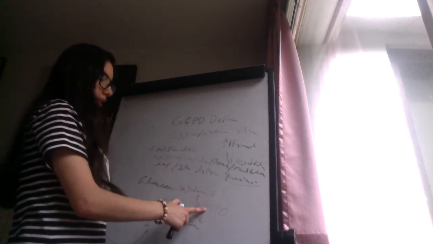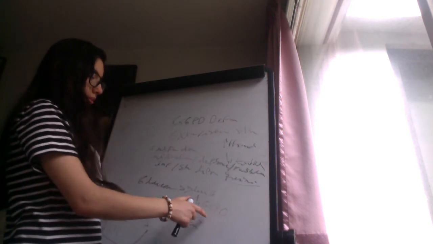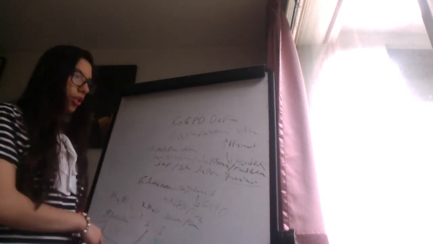And here we need NADPH. This enzyme requires NADPH, and this NADPH is taken from the hexose monophosphate shunt, in the production by the G6PD enzyme. So we need this enzyme in order to produce NADPH, and so there is protection of the cells.